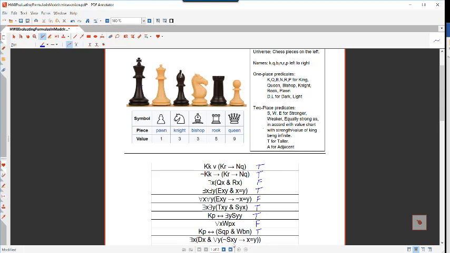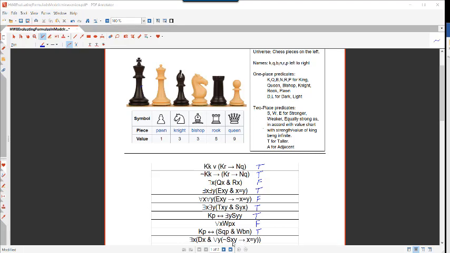So in this case, you can treat it as a conditional and look at everything that would make the antecedent true and see if it makes the consequent false.